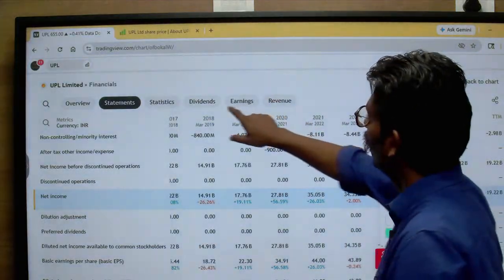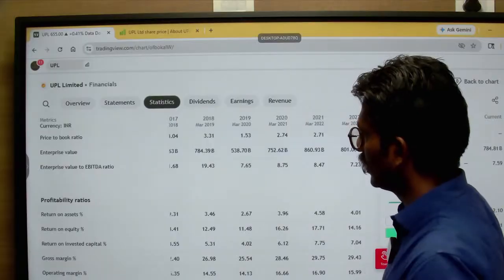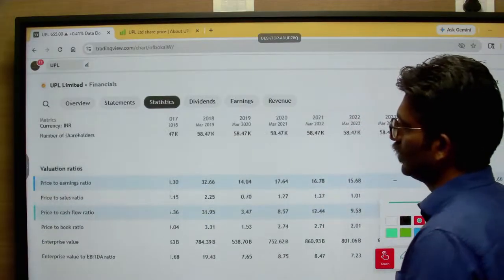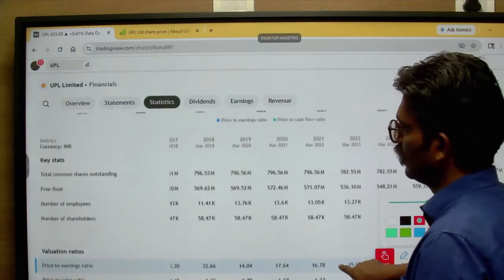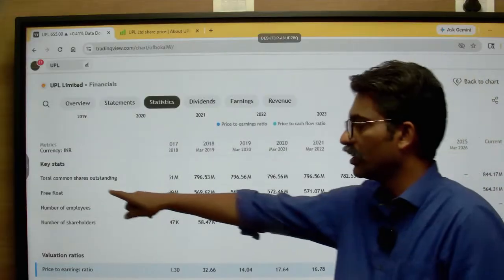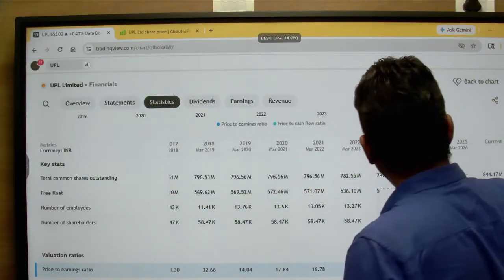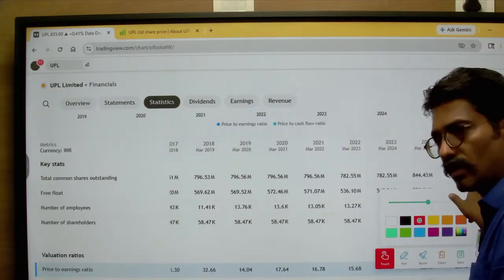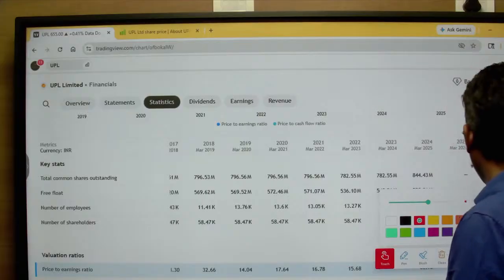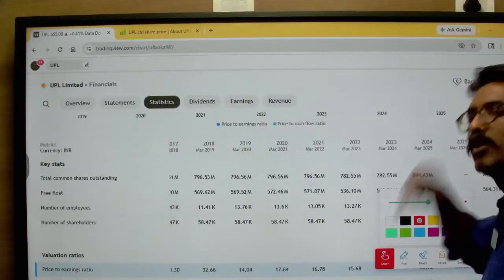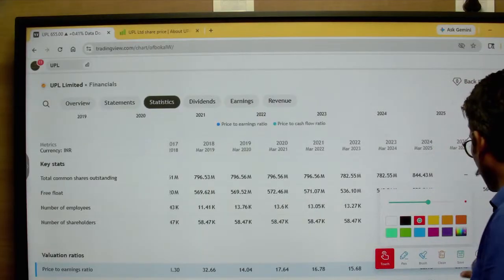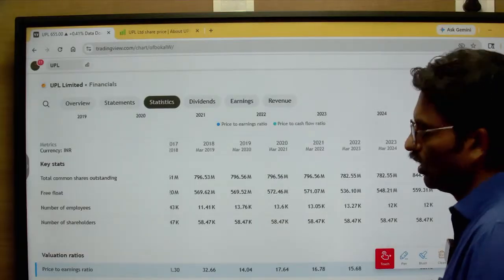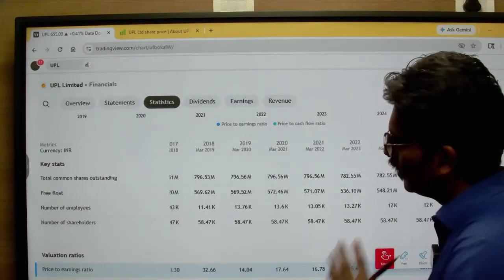If you go to the statistics, what is the terminology that they use? It says number of shareholders, number of shares outstanding. These are the shares that have been subscribed to, fully paid. So how many shares do you have now? 84.417 crores. It is 844 million, but this is what it is. Clear?